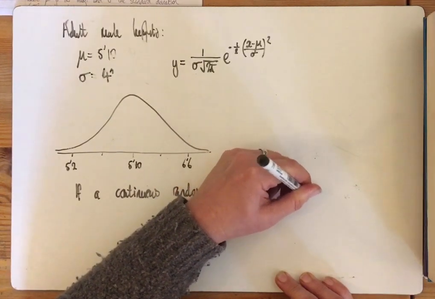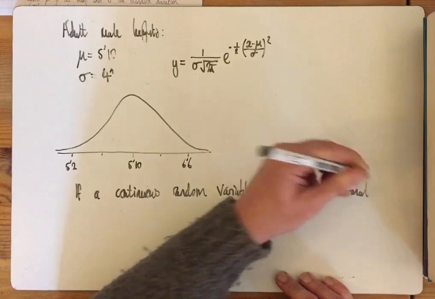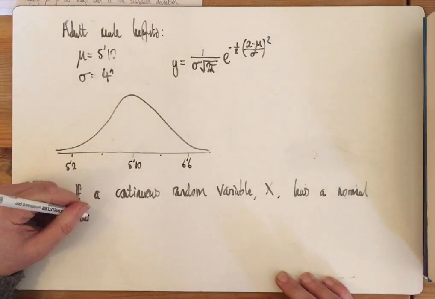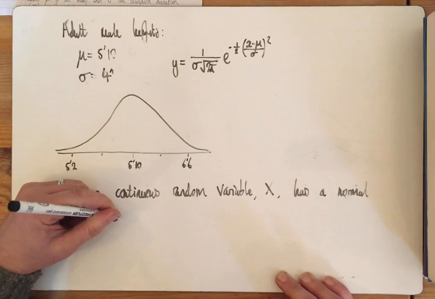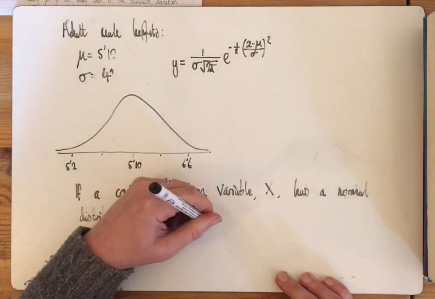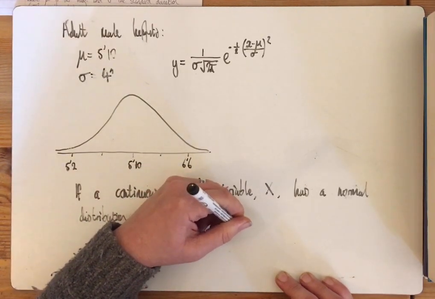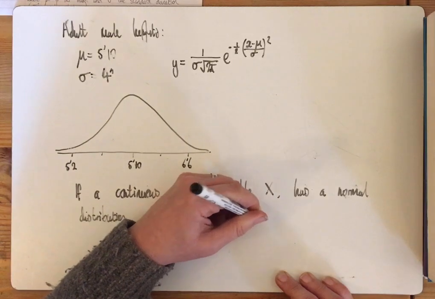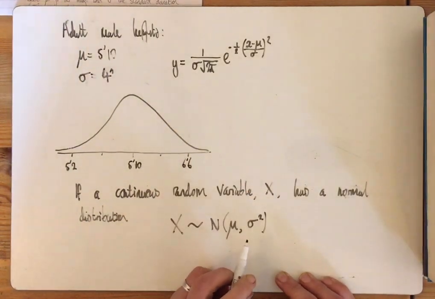There's no gaps in the data. Then we can model that as x has a normal distribution, and the 2 parameters are the mean and the standard deviation, but the parameters are actually written as the standard deviation squared, not just the standard deviation.